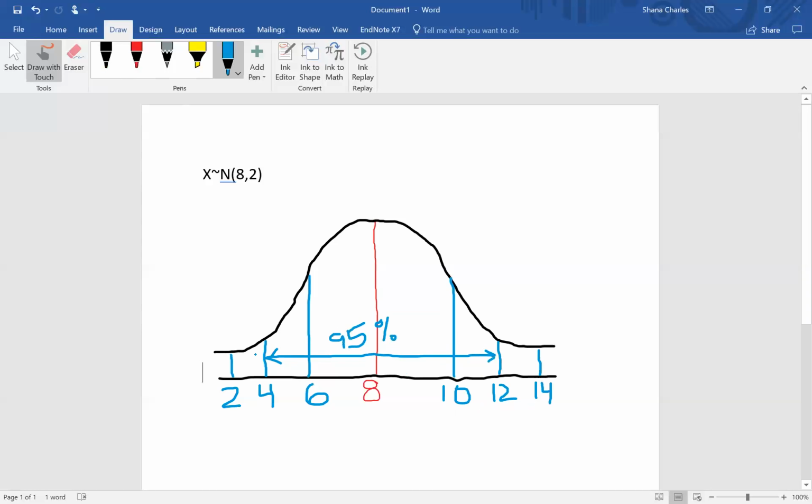But that's not the case, because remember, if it's between these 2 points that is 95%, you're forgetting about this little bit here at the end. So the 95th percentile is actually going to be somewhere close to 12, and I'll mark that with a different color, the 95th percentile might be right about here, because that would be 95% of all the data to the left of the curve.